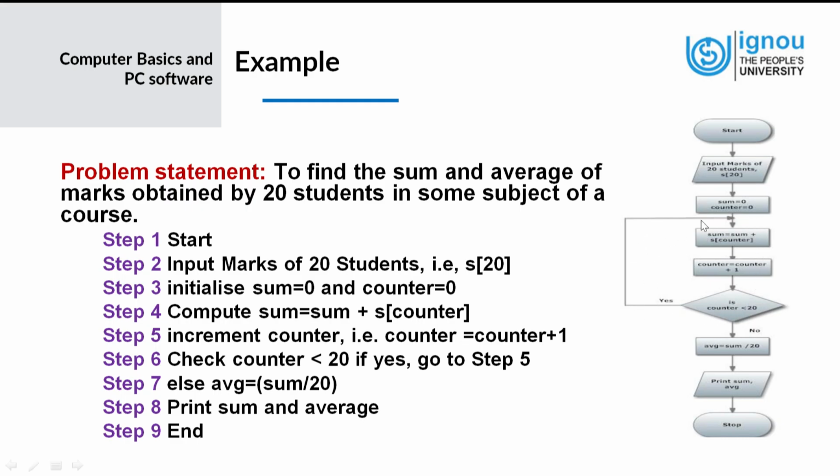And that is how you work in general also, isn't it? Suppose I give you marks of 20 students. This is what exactly you will be doing. First you take the first student's mark, then add the second, then add the third student's mark. Now in the computer they are represented as S0, S1, and remember the 0 is in parenthesis, the big parenthesis.